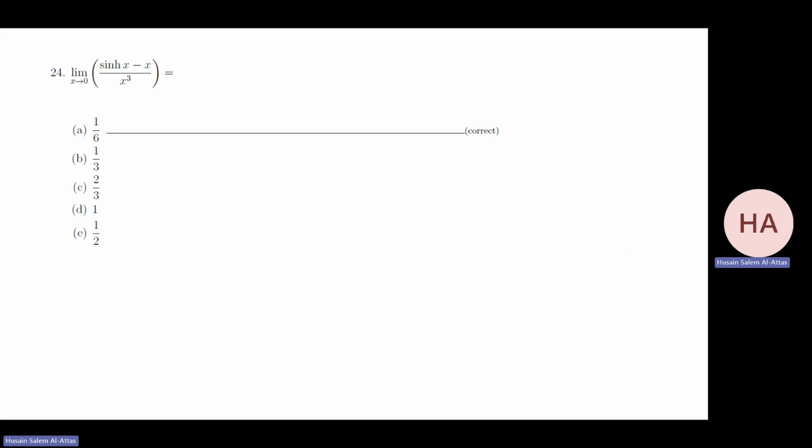And this limit, I think I need to do it as well. But let me do it. Okay. If I change everything into exponential, I'm getting (e to the power x minus e to the power minus x over 2 minus x) over x cubed.